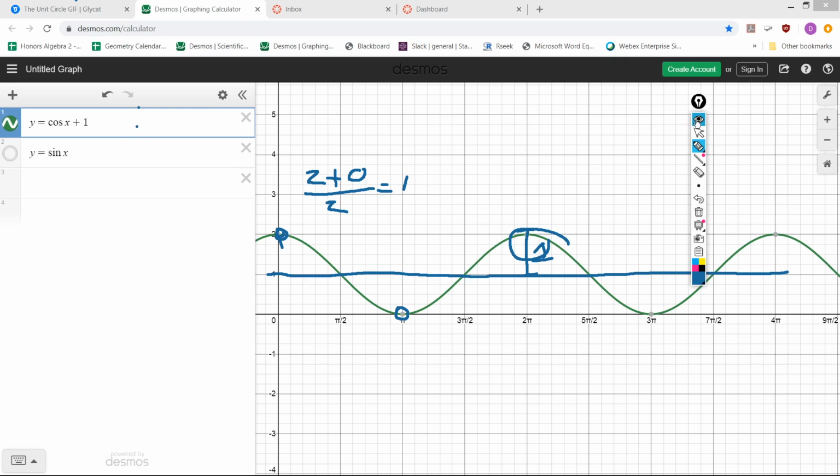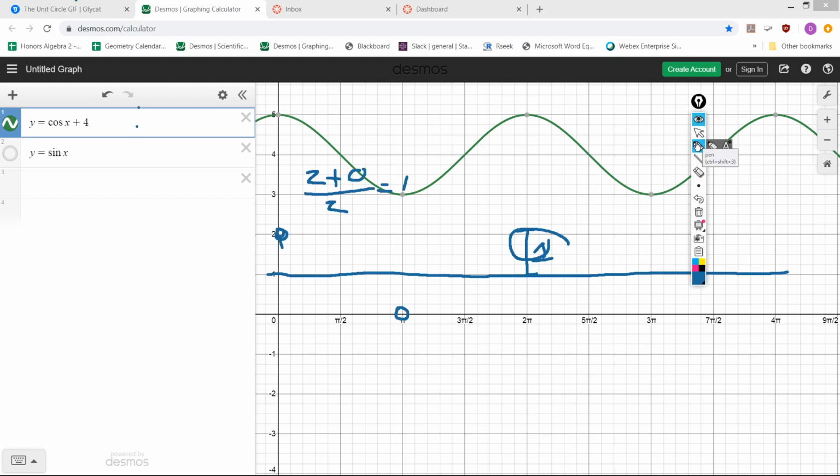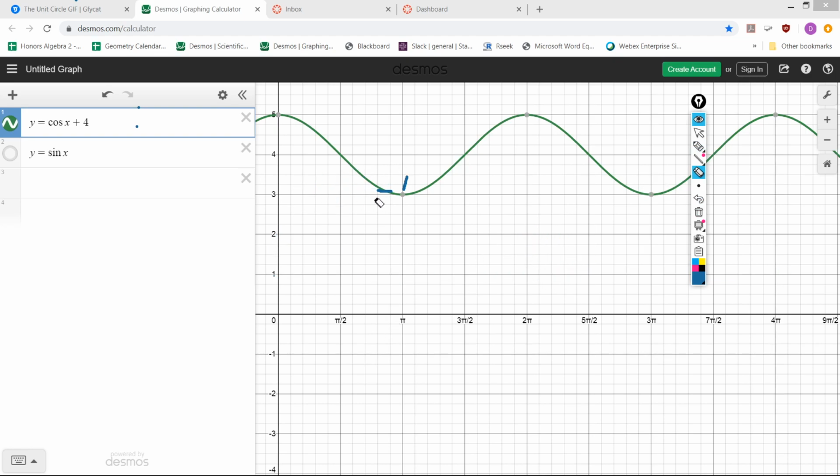And this works if I do this like plus 4, for example. What's my distance between these two? 5, 3. So I have 5 minus 3 divided by 2, which is still 1.